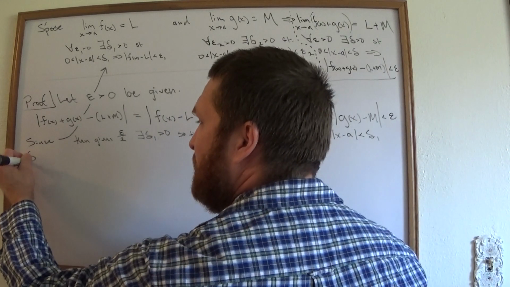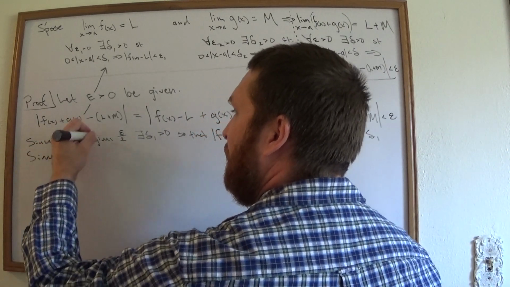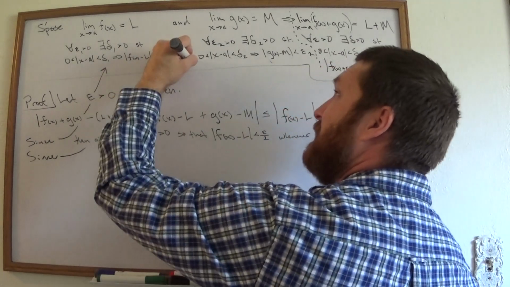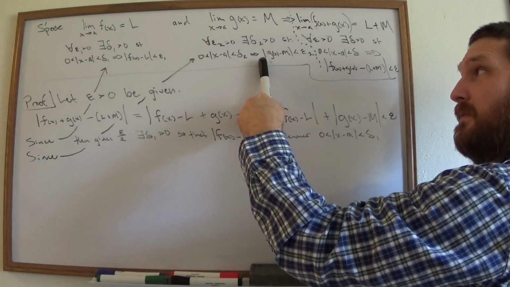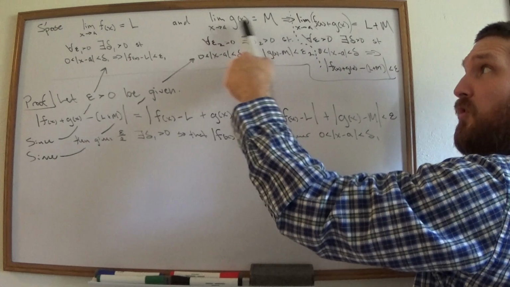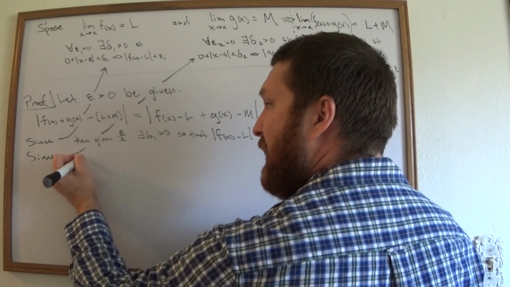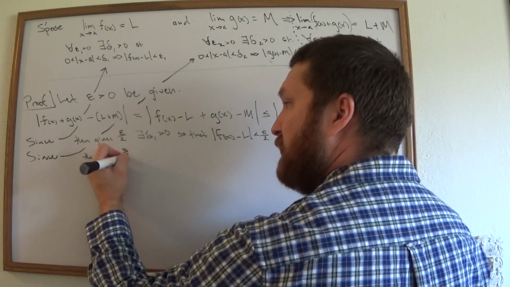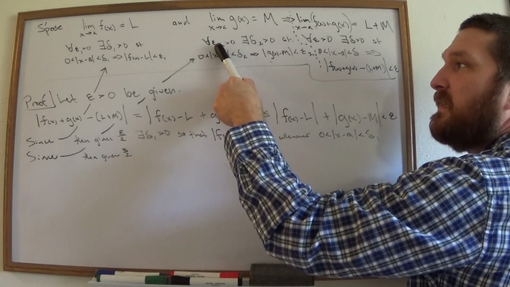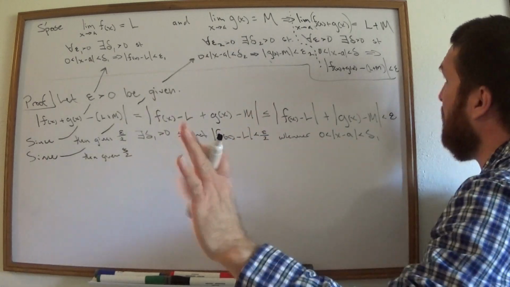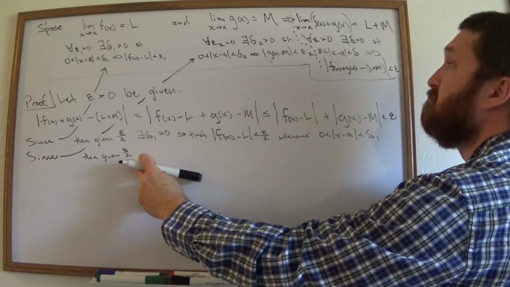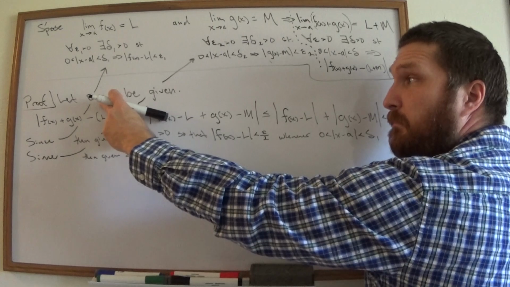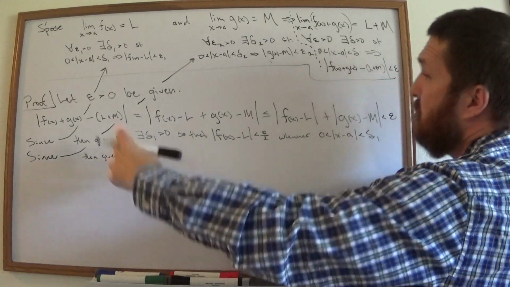And also, on the other hand, since the limit also exists at a, then, given another epsilon over 2, which is now playing the role of this guy, is that a positive number? Yeah, because I said let epsilon bigger than 0 be given, divided by 2, still positive.